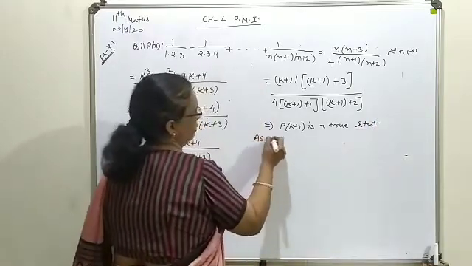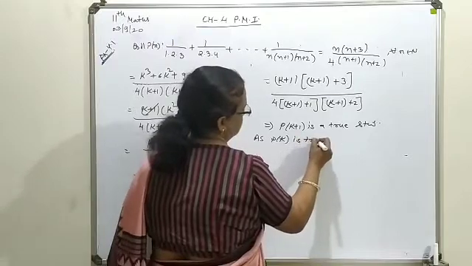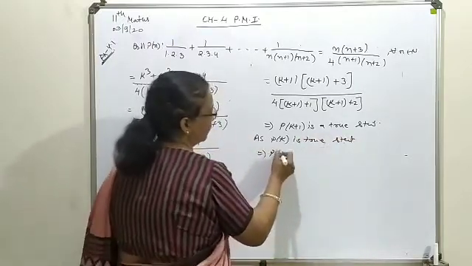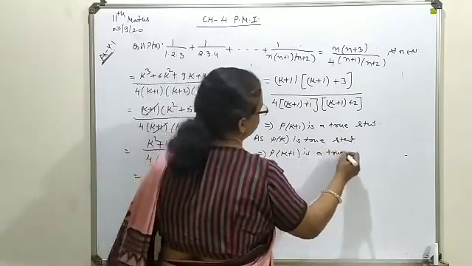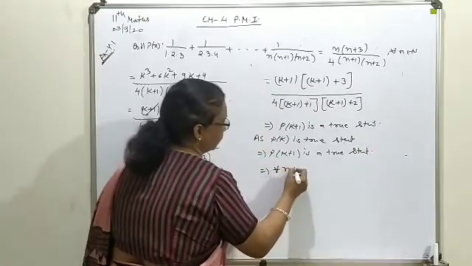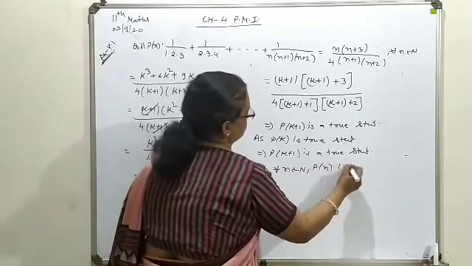As P(k) was true, we have concluded P(k+1) is a true statement. Therefore, for all the values of n, P(n) is true.